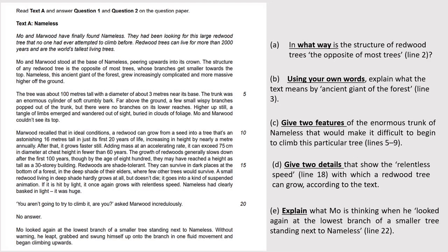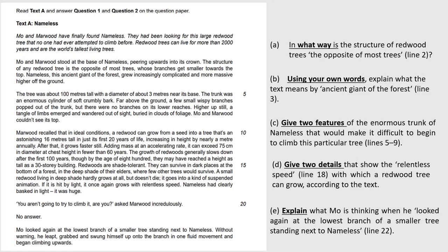Or you can also write that there were no branches towards its lower reaches, okay. The examiner says that not every word has a synonym, so if you were to copy that, you would still get your mark. But what if you wrote something like it was cylinder, or it was enormous, or it was 3 meters near the base only? I don't think you'd be getting a mark for it.